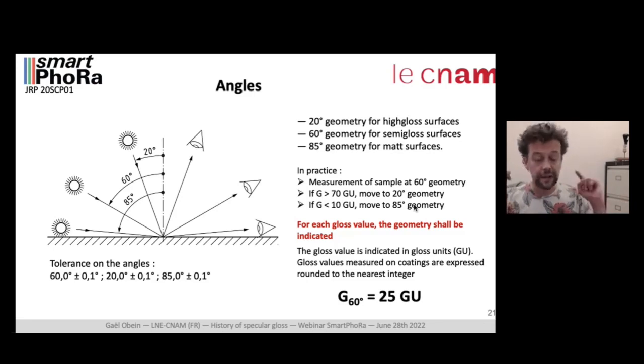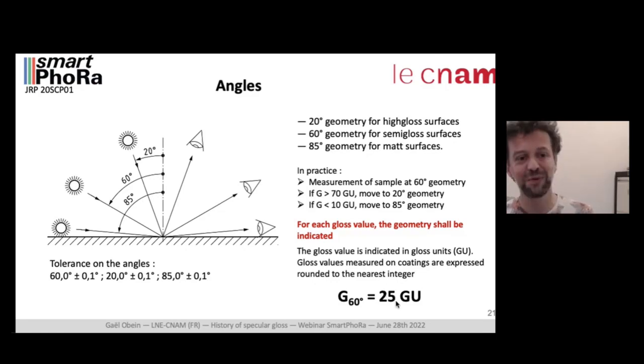That means that each time you do a measurement, you have to indicate the geometry that has been used. Otherwise, you lose the traceability completely, in fact. And one thing that is said in the standard is that gloss values measured on coatings are expressed rounded to the nearest integer.